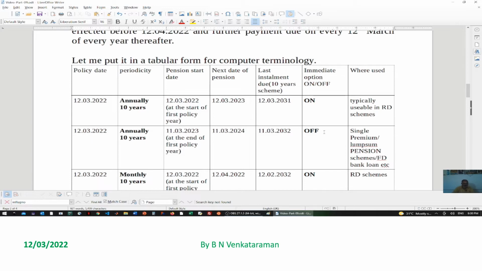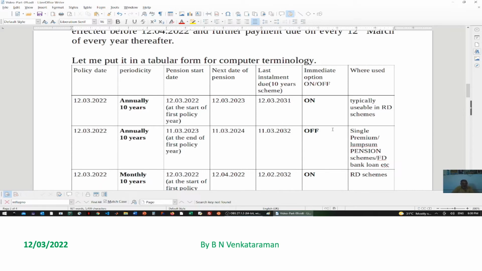In the case of immediate pension off, for the same sort of investment as today with annual pension for 10 years, the first installment starts at the end of the first policy year, that is 11/3/2023, and the next pension is at 11/3/2024, and so on, and the last pension is 11th March 2032.